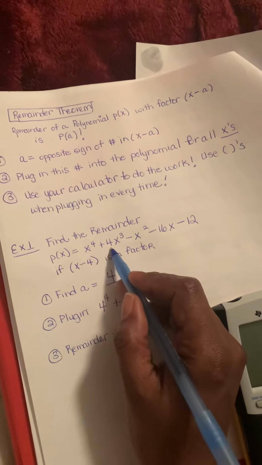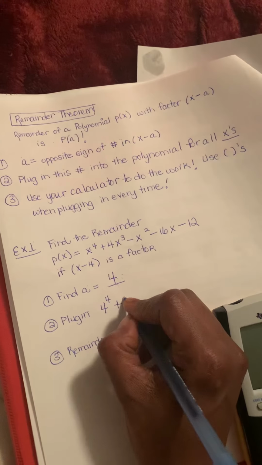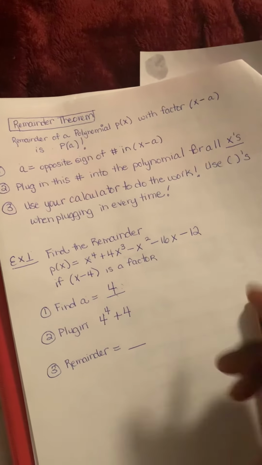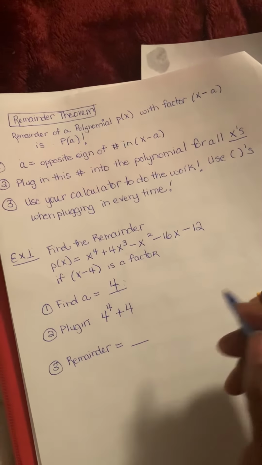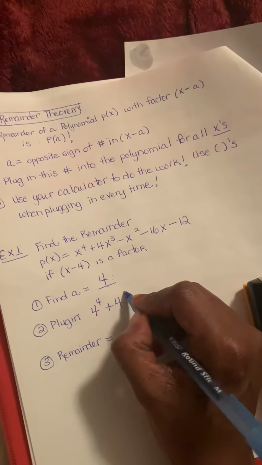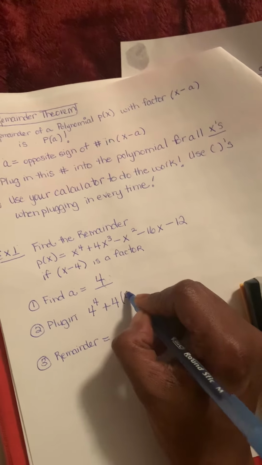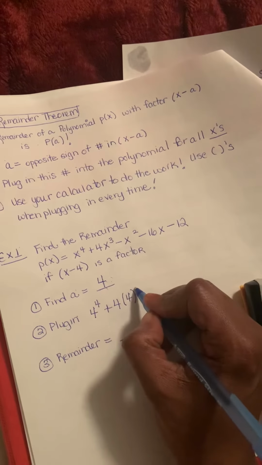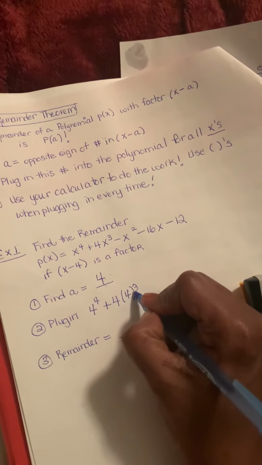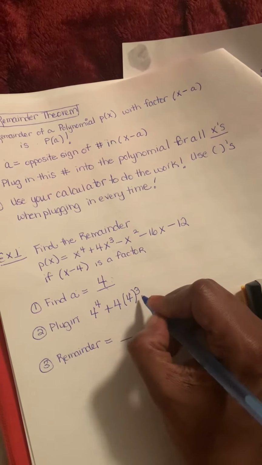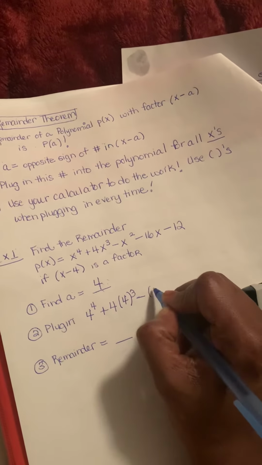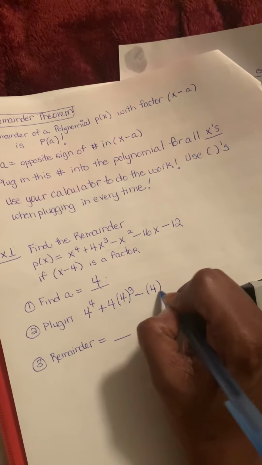Plus, then I see a number 4, so I write that first. And then there's another x, so instead of writing x, I put in the number 4. And that x has a 3 exponent on it, so I will keep this as a 3. Then I see a minus sign. And there's another x, so in parentheses, 4.